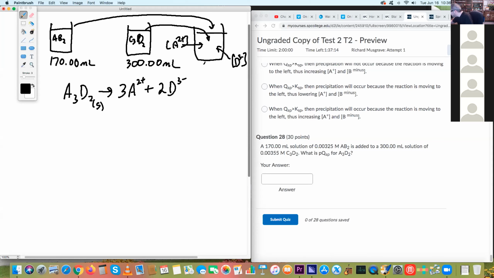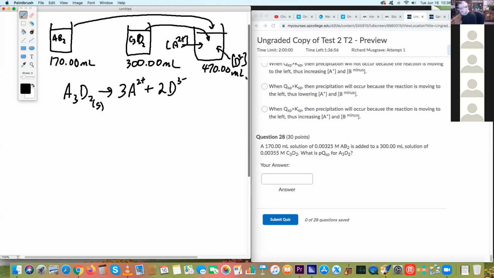But the total volume here will be 470.00 mL, which means we're going to suffer some dilution as well. So each of these needs to be done in 2 steps.